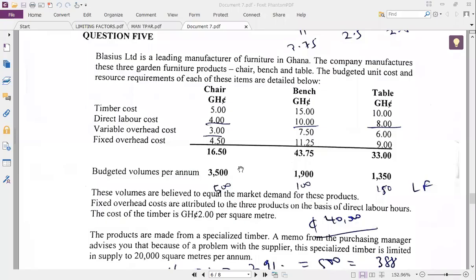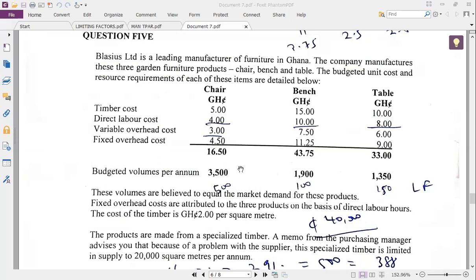What's the demand? The maximum demand. This is 3,500. That's the maximum demand.